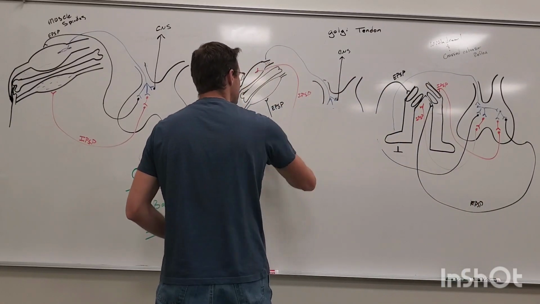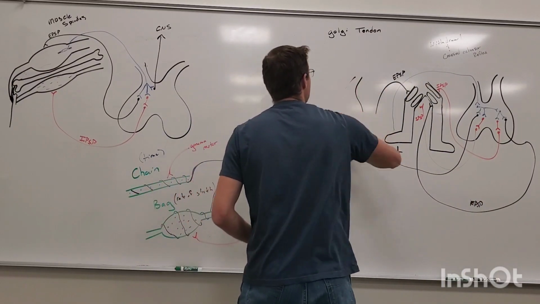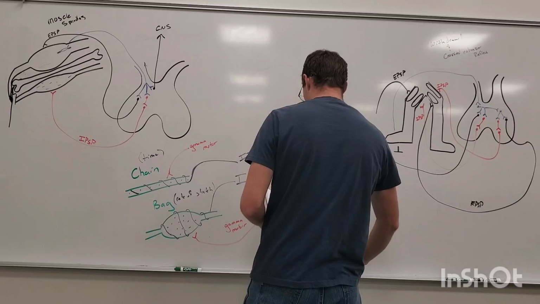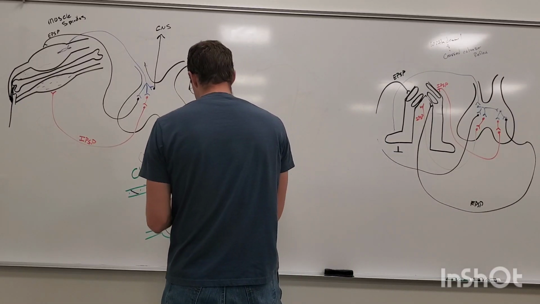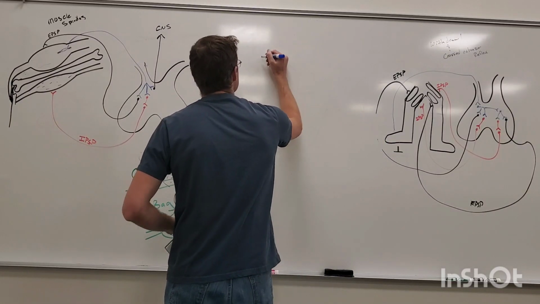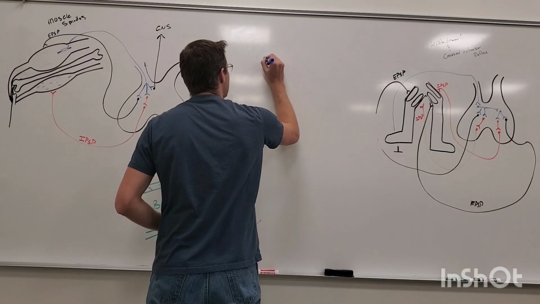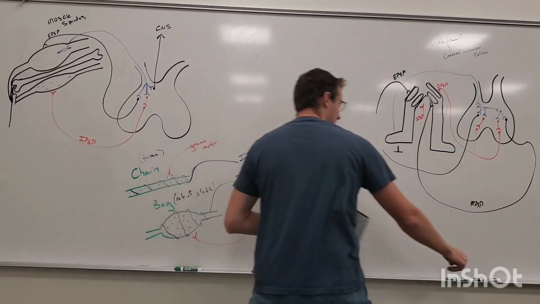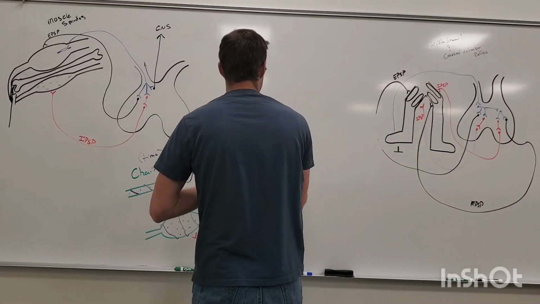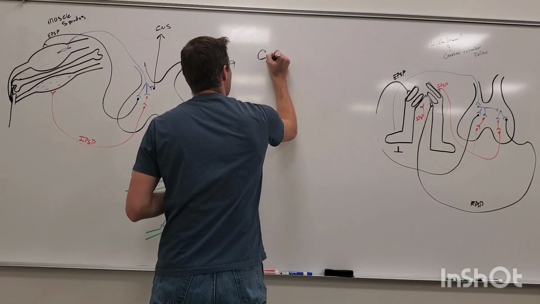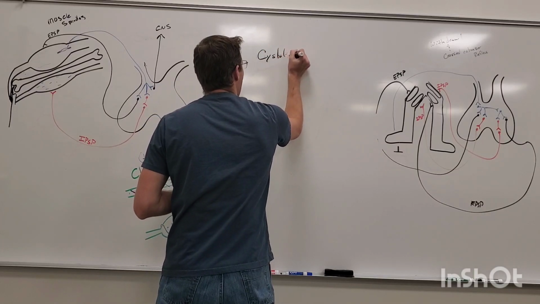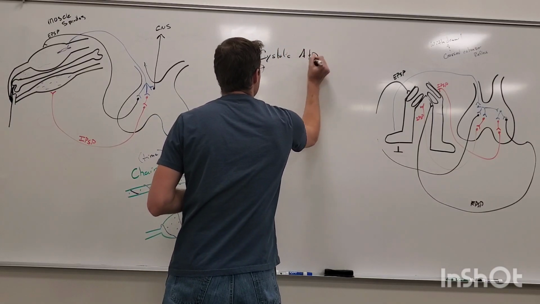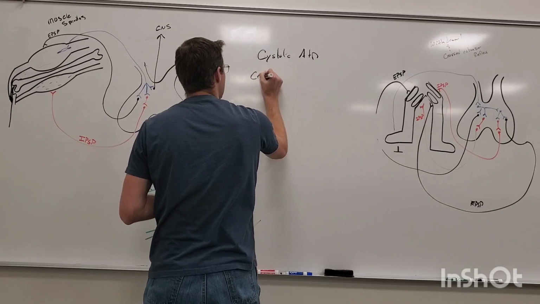I want this to end with this. So you have, from one of your energy sources, just cytosolic ATP. So this is going to be cytosolic ATP. I'll write that up here.